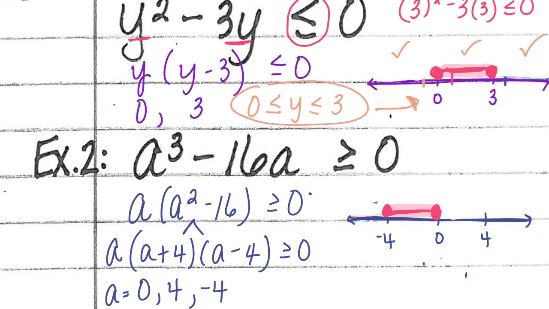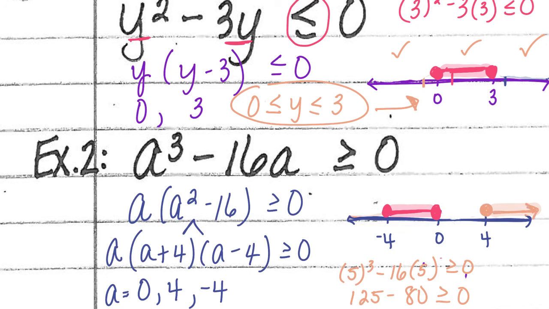A number greater than 4, let's try 5. 5 cubed minus 16 times 5 is greater than or equal to 0. Well, 5 cubed is 125 and 16 times 5 is 80. Yeah, that's going to be greater than or equal to 0. So I'm going to fill this in and show my arrow going this way.